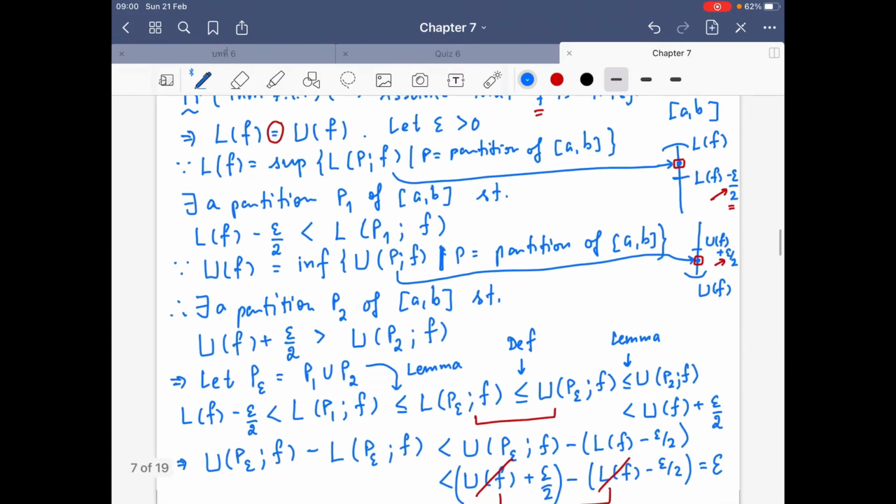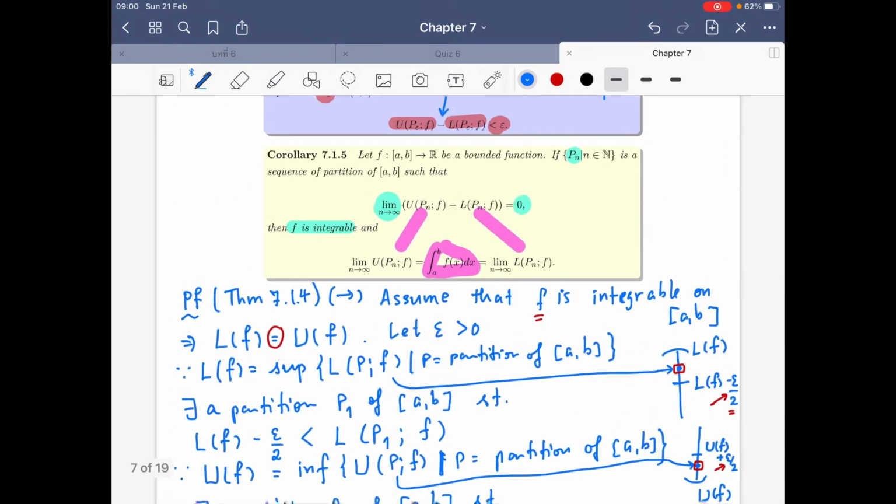Now let us go over the proof of this corollary a little bit. Okay, so instead of depending on the epsilon, we are going to depend on the positive integer n, and then later on we are going to let your n go to infinity and make the difference between the upper sum and lower sum go to 0, okay, as your n is larger and larger.